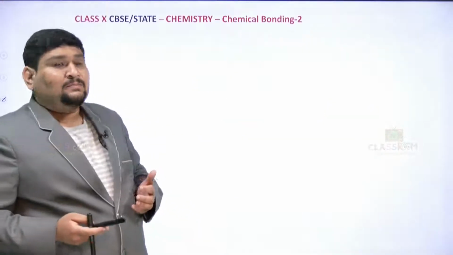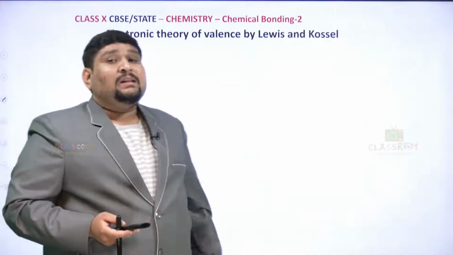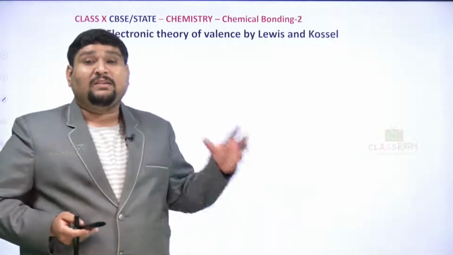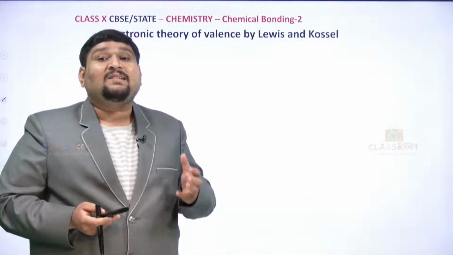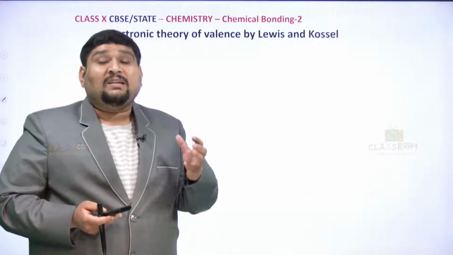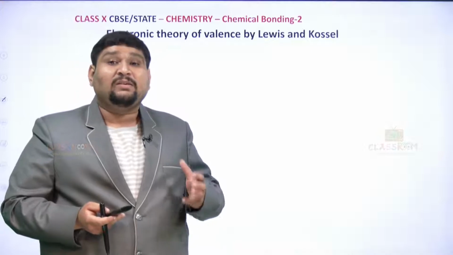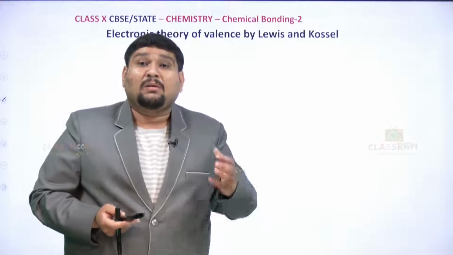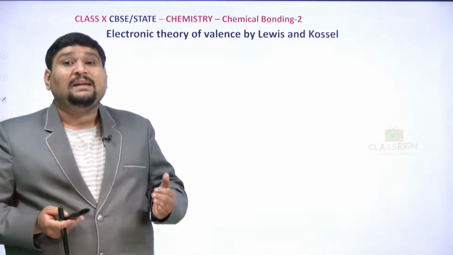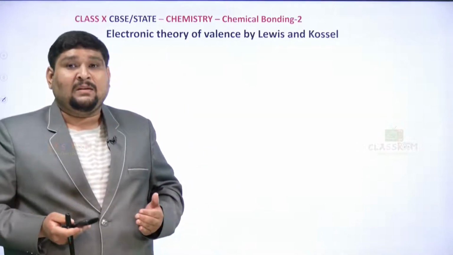When we start with the electronic theory of valence, this theory depends purely on the number of available valence electrons, and those valence electrons which we count depend upon the elements in the periodic table.